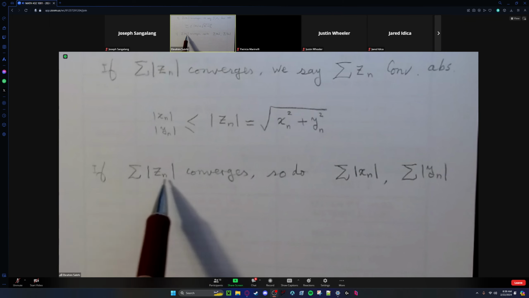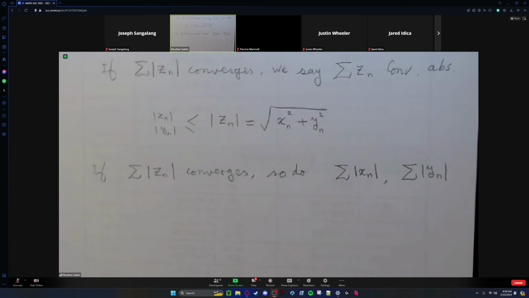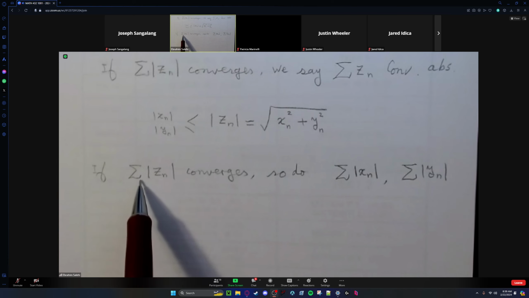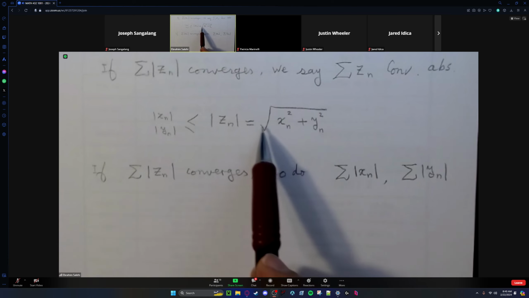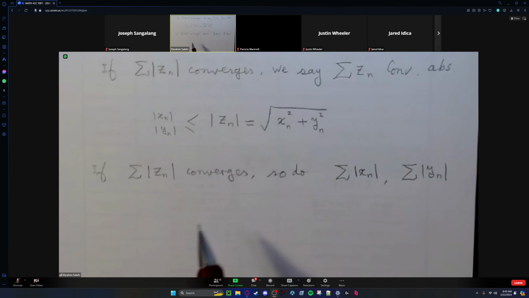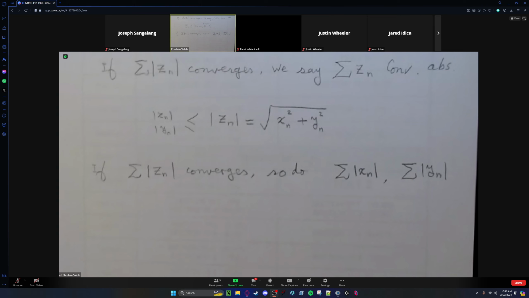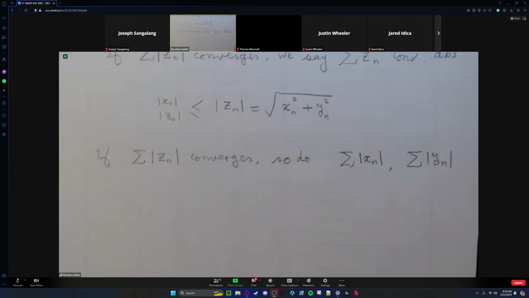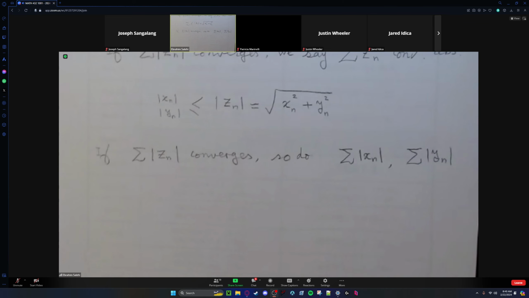When you take the modulus, there is no complex number involved. It is just a real number. So we can go to calculus 2 and apply those tests to this. That's what we call the generalized ratio test or generalized nth root test, okay?